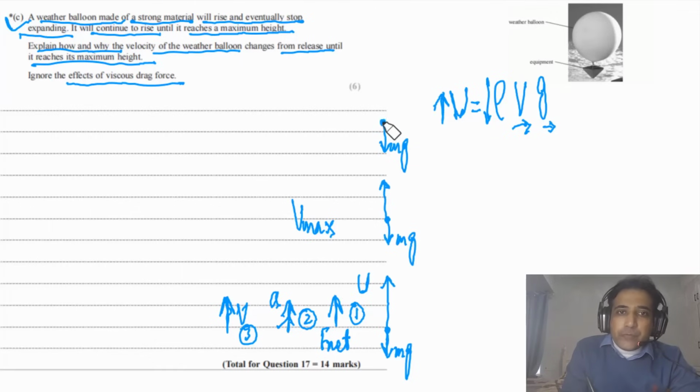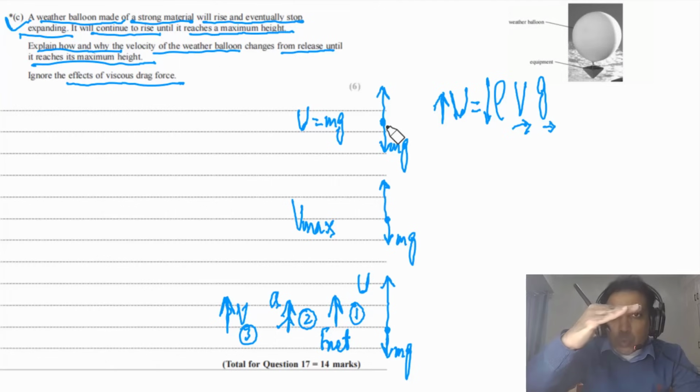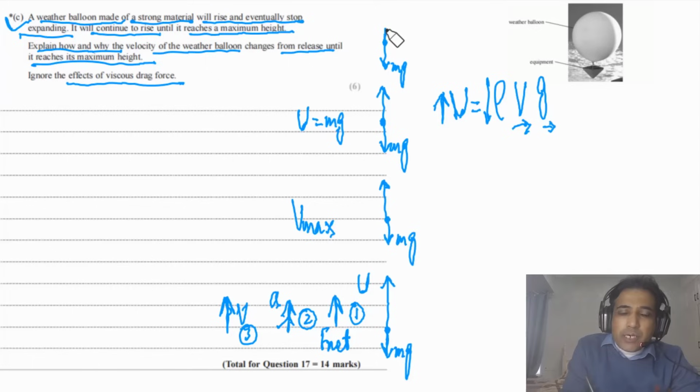Then it will finally reach a point where upthrust is equal to mg. So at this point we can say upthrust is equal to mg. But when this balloon goes further up, upthrust is smaller. Upthrust keeps on decreasing, because when the balloon is rising, density is decreasing.